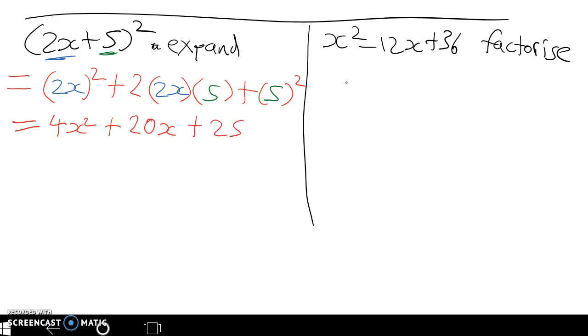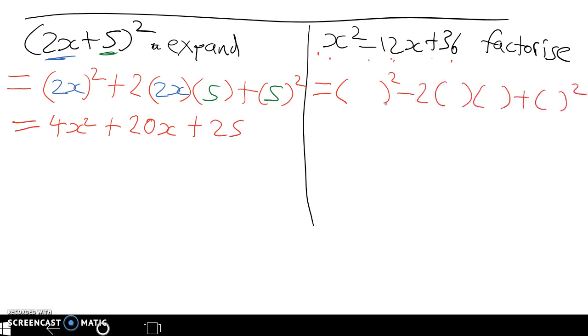Now we get to the factorization step. When we factorize this, we suspect that it's perfect squares because we have positive, negative, positive, and x squared and 36 are square numbers. We just want to check whether the middle term follows the perfect square factorization pattern.